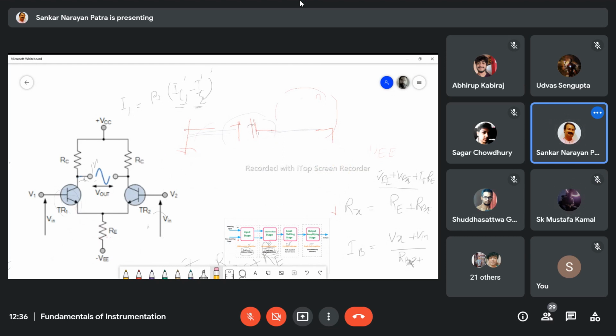Now I am going to consider the expression of the output voltage. It will be the voltage due to one transistor minus the voltage due to the other transistor. If the voltage due to that transistor is greater, then the output voltage will be positive. If the voltage of this transistor is greater, then the output voltage will be negative.